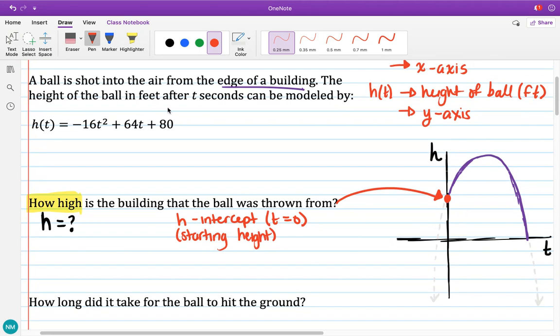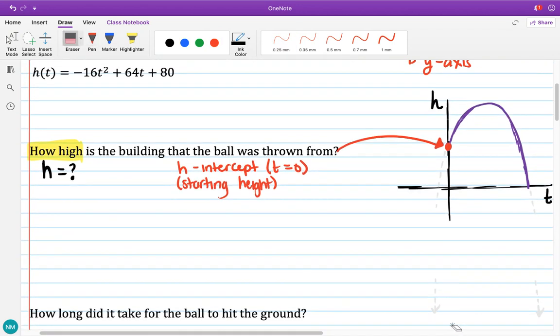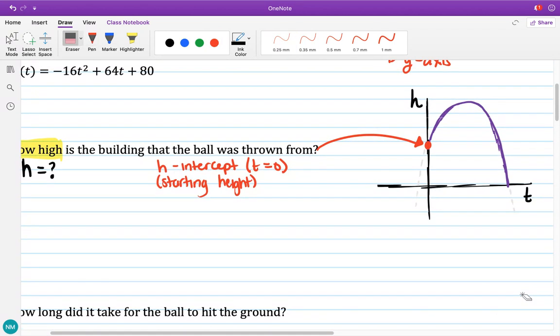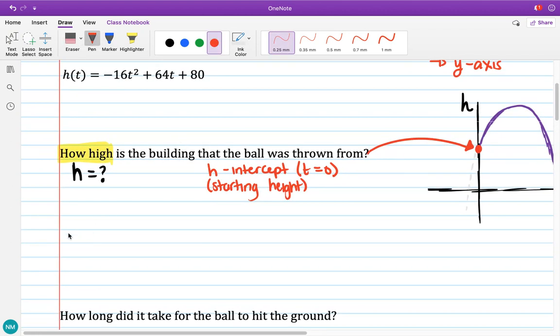So how do we find our y-intercept, quote unquote, or our h-intercept? We need to set t equal to 0. And with standard form, it's easy because our c value is just our y-intercept.